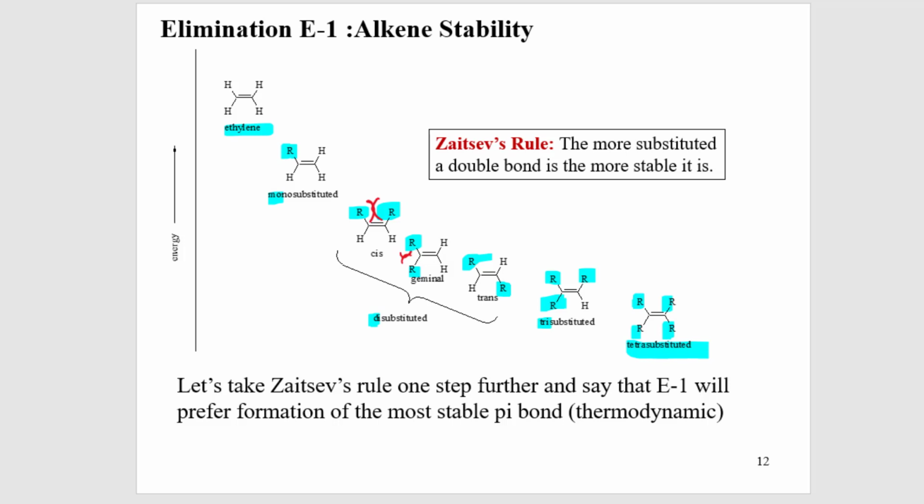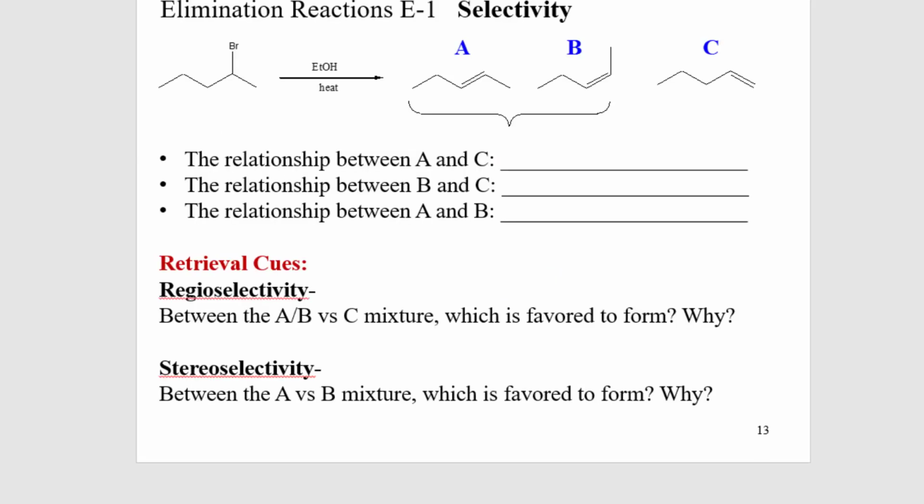So now you have a trend to follow that is really going to help you when you're predicting the products of new pi bonds, right? Especially if it's governed by thermodynamics. So we've got a few cues that we're going to be considering. This is very similar to the question we just asked, right?